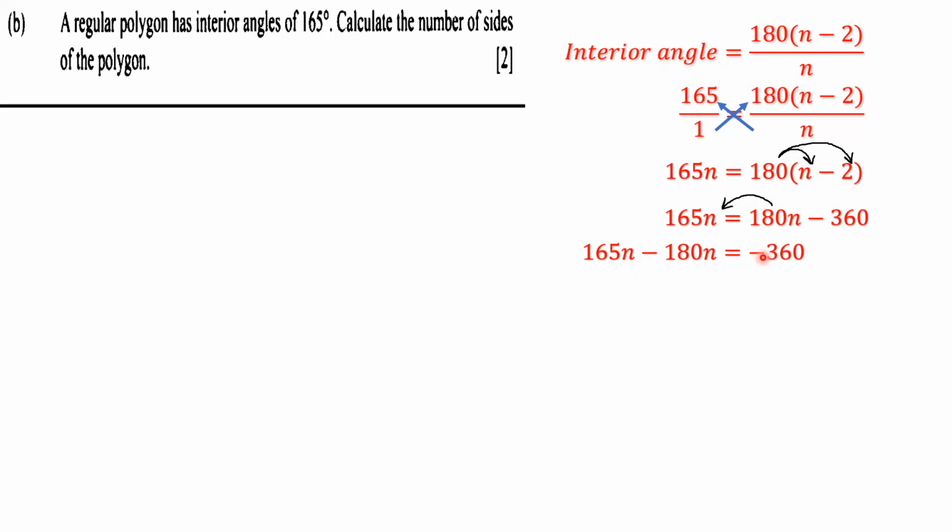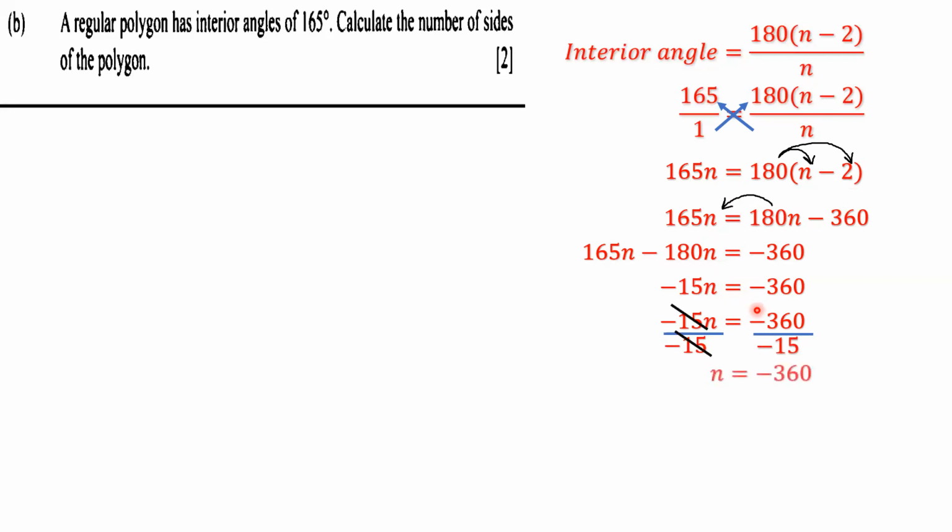All right, let's subtract. We have 165n minus 180n equals negative 360. So we have negative 15n equals negative 360. Now we need to get rid of that negative 15 because we want n by itself. So we're going to divide both sides by negative 15.